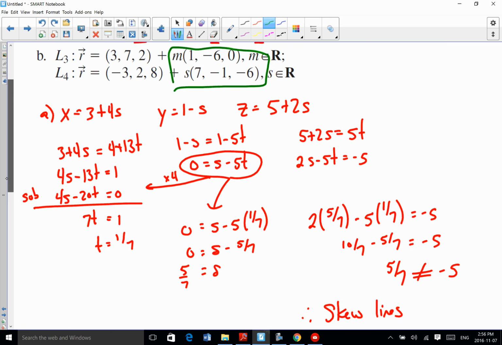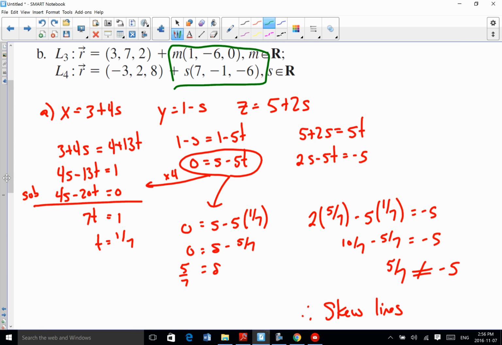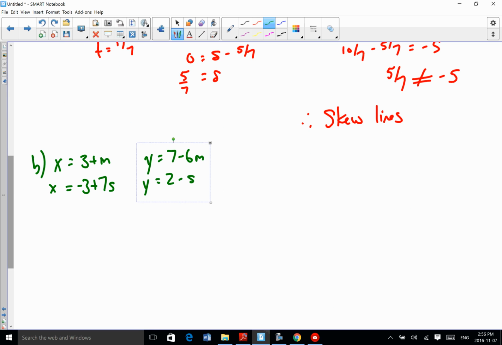And my z's are z equals 2 and z equals 8 minus 6t. Okay, there's our 3 equations.